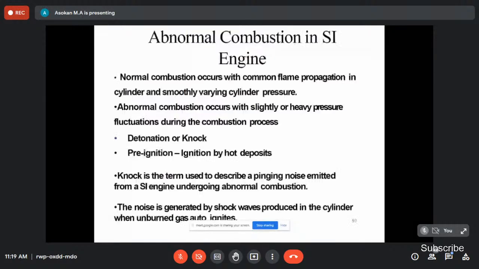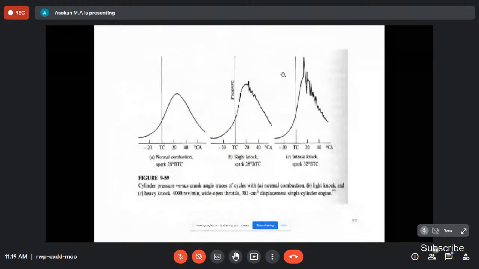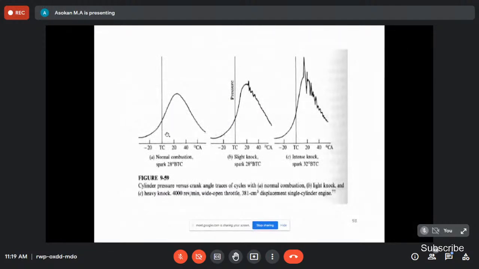And abnormal combustion and normal combustion. See, abnormal combustion, normal combustion, slight knock and intense knock. In normal combustion, the fuel burns slowly, right? The flame propagates in the correct manner and consumes all the unburnt charge. Then it looks like this.